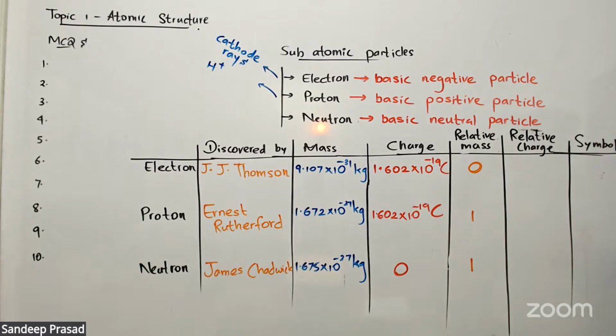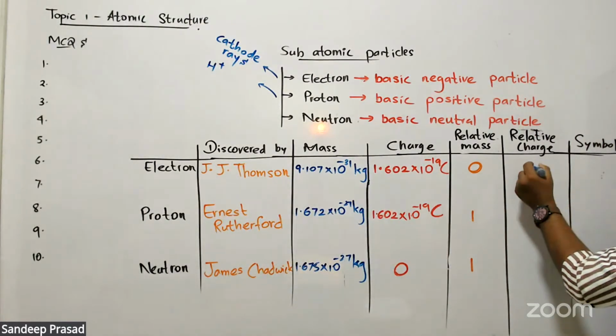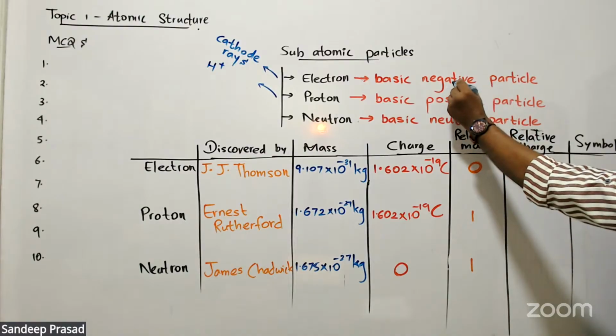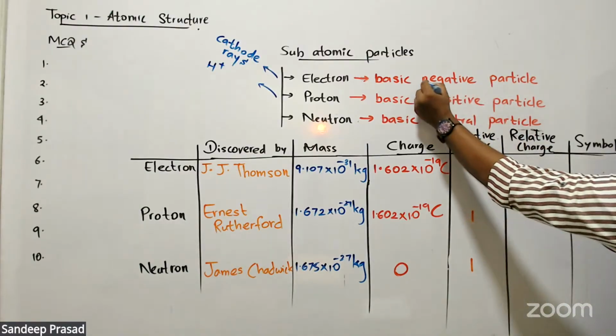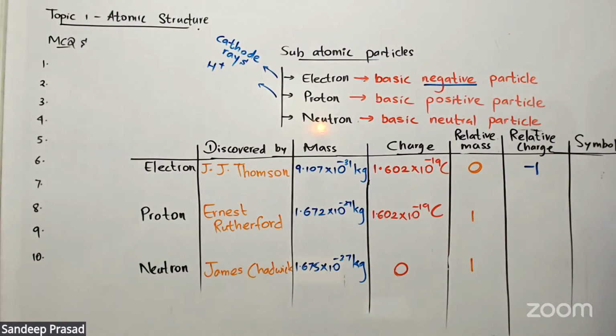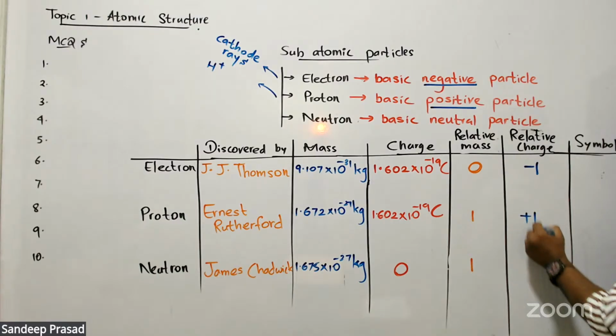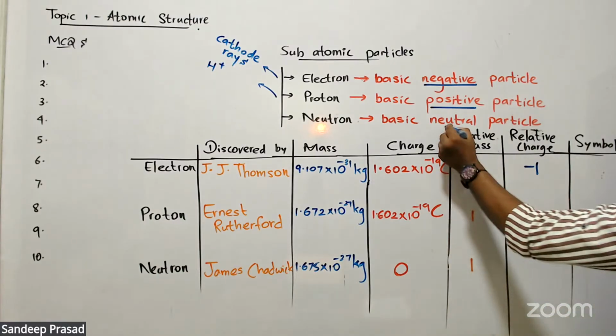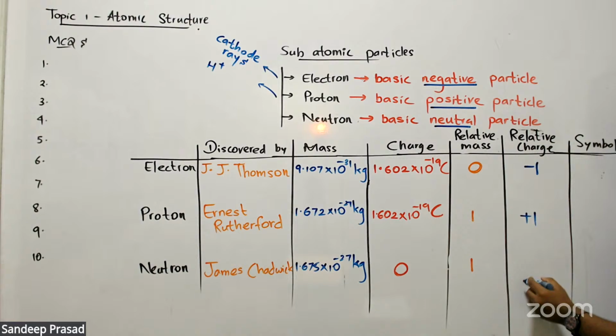So what is the relative charge, as you think? I told you before, electron is the basic negative particle, therefore relative charge is -1. Proton is the basic positive particle, so therefore its charge is +1. Neutron is the basic neutral particle, so therefore its relative charge is 0.